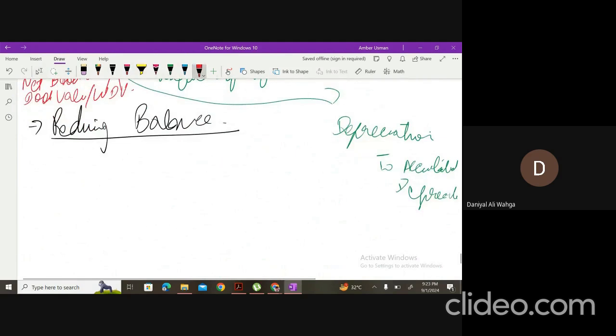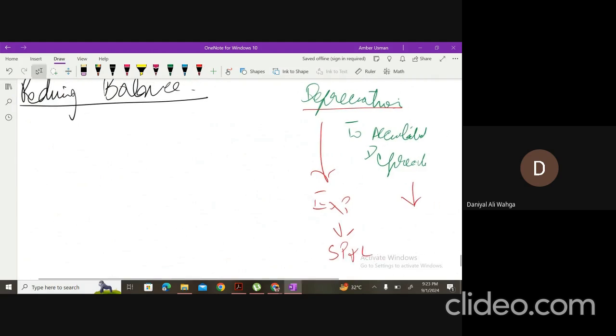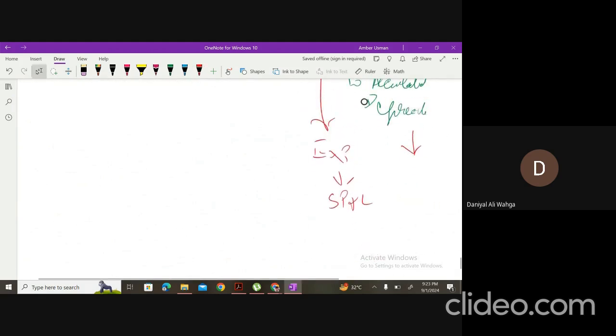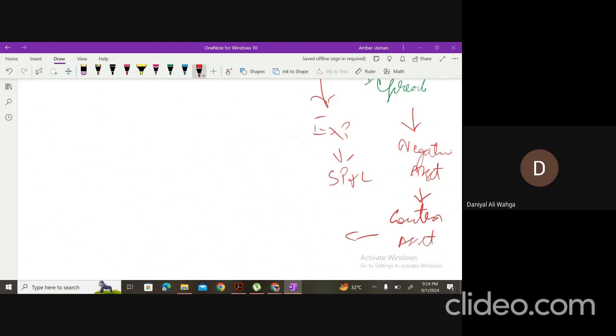So the depreciation is an expense which is charged to the statement of profit and loss account, and the accumulated depreciation is a negative asset. Sir, what is a negative asset? It is a contra asset. Okay. And what is a contra asset? This contra asset is taken to the statement of financial position on the asset side and it is deducted.